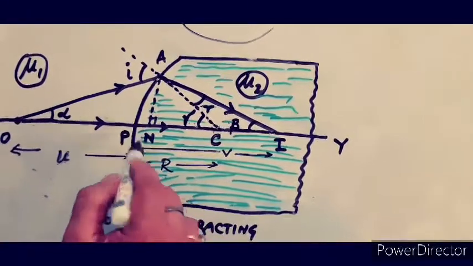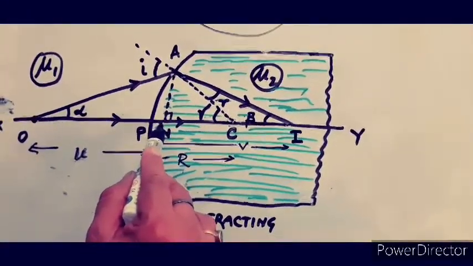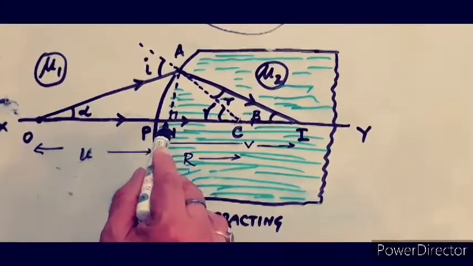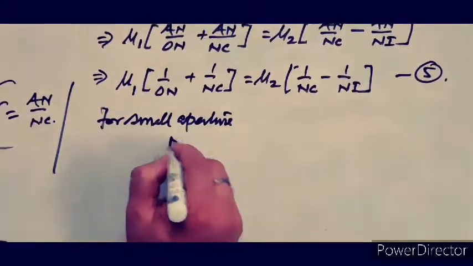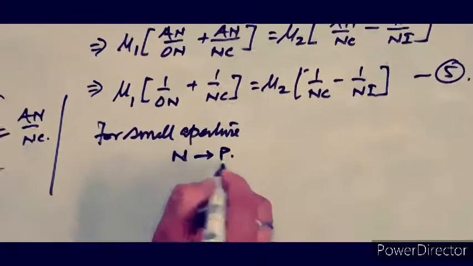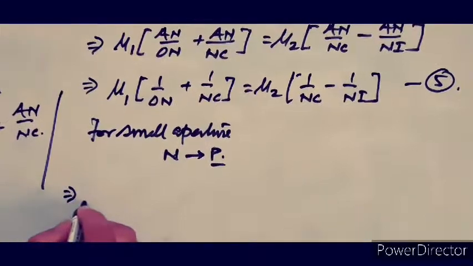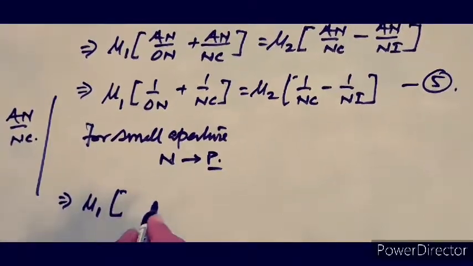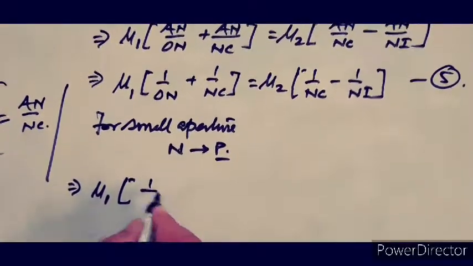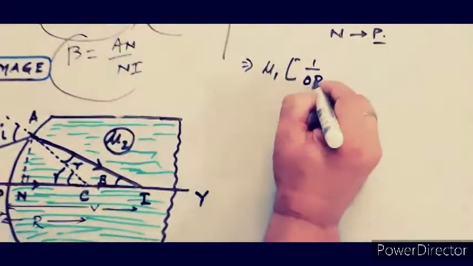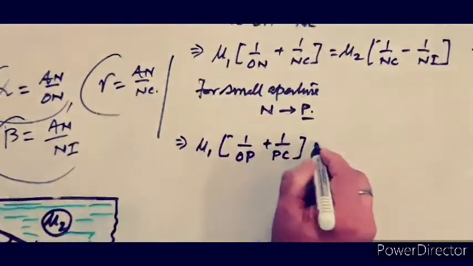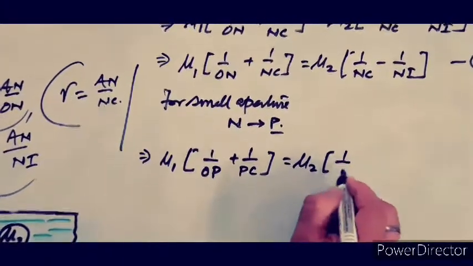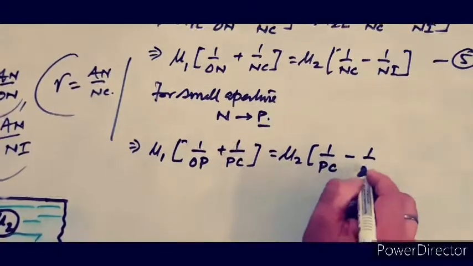If the aperture is small, then point N is very close to P. So we can replace N by P. So we can write mu1, in place of ON we are writing OP, plus 1 by, in place of NC we are writing PC, is equal to mu2 times 1 by PC minus 1 by PI.